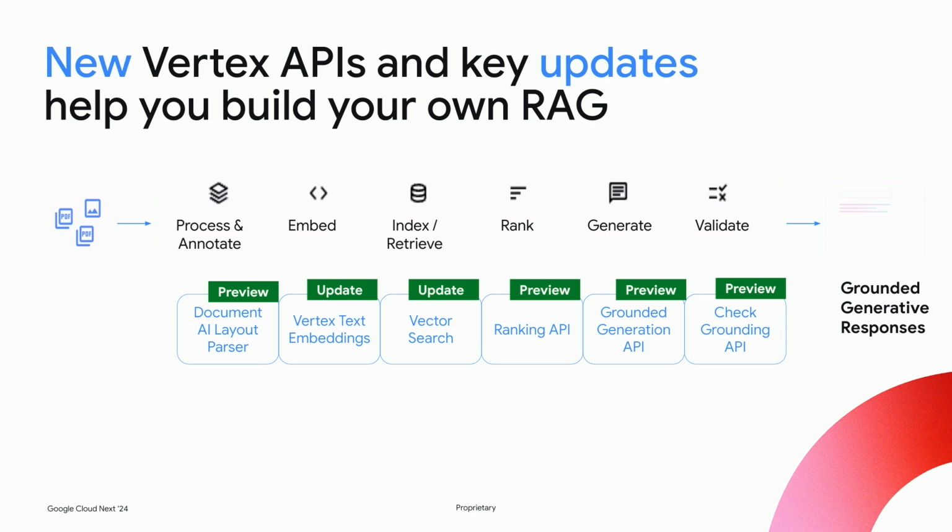We're launching a new semantic ranking API and a new grounded generation API, which is based on the power of Gemini. And finally, a check grounding API, which is verifying a statement against a number of facts, marking what parts of the statement are supported or not by those facts.